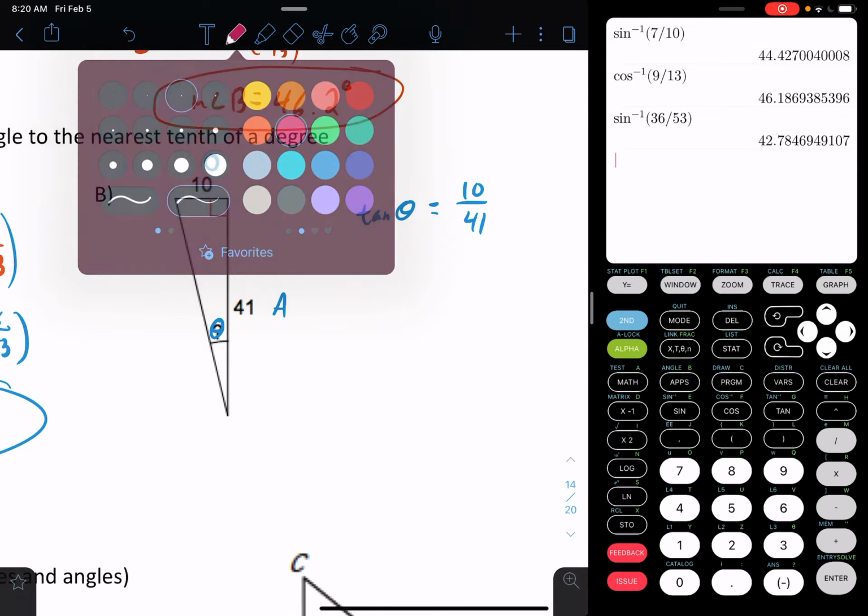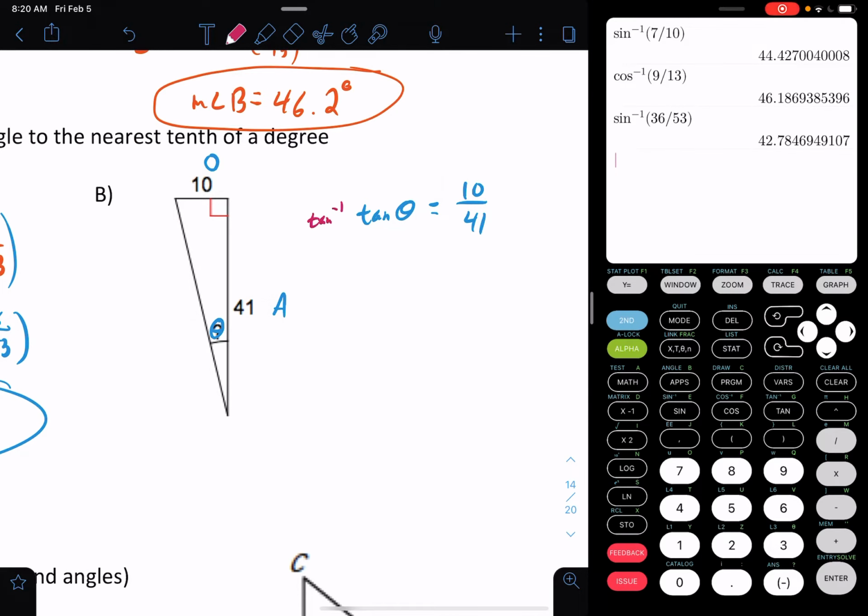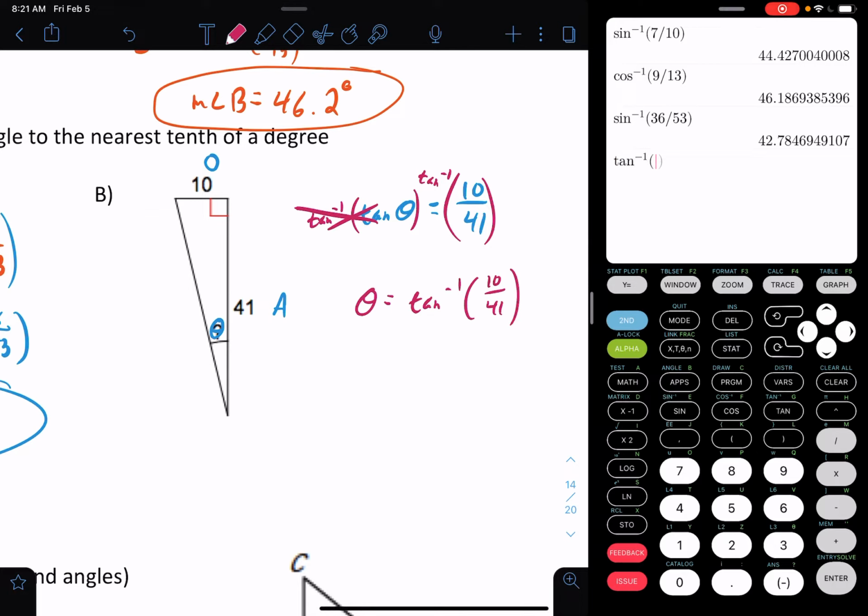So I'm going to apply tangent inverse to both sides. It cancels out the tangent, so I'll get theta equals tangent inverse of 10 over 41. Then second tangent, 10 divided by 41, and I'll get theta is about 13.7 degrees.